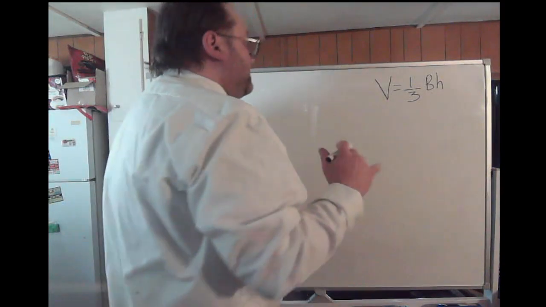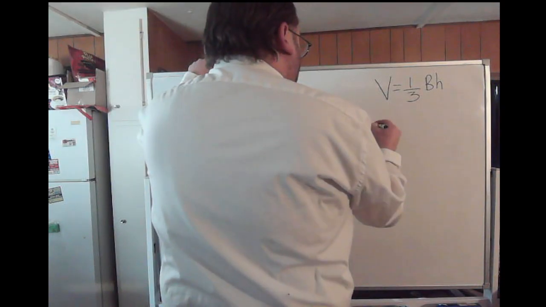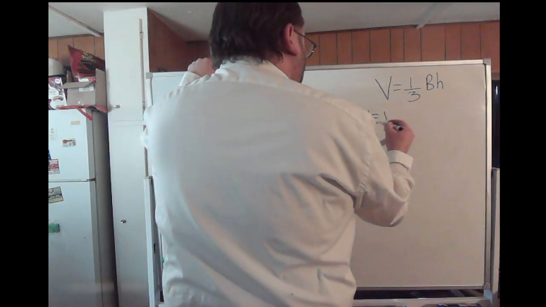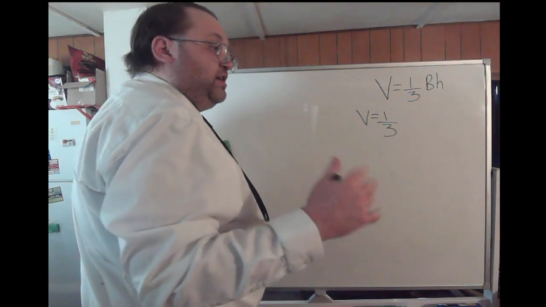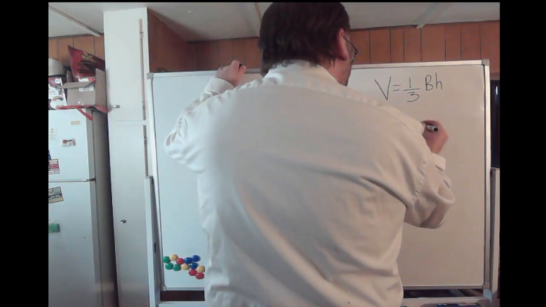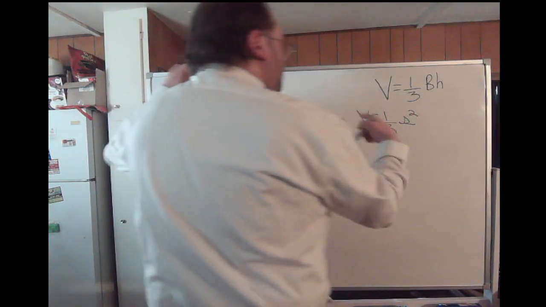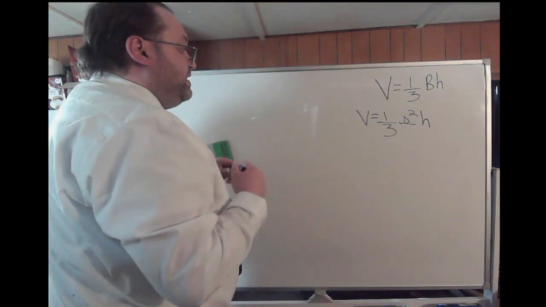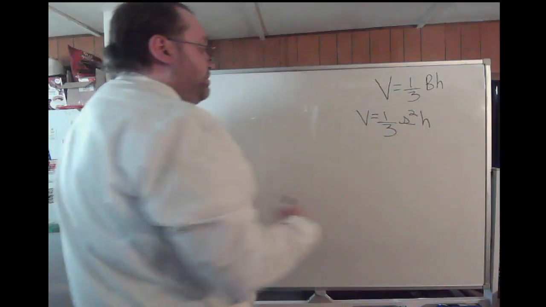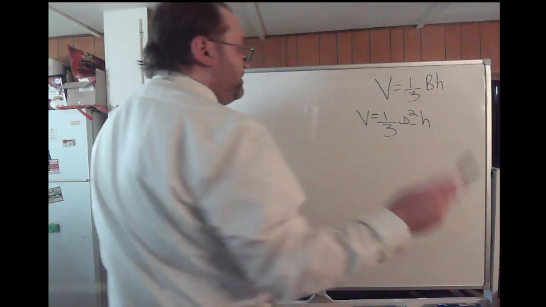If we were talking about the volume of a square pyramid, of course, you have 1/3. That doesn't go anywhere. The area of the base being a square, the area of a square is just the side squared. Then you take all that times the height. The volume of a square pyramid would be 1/3 times the side squared times the height.